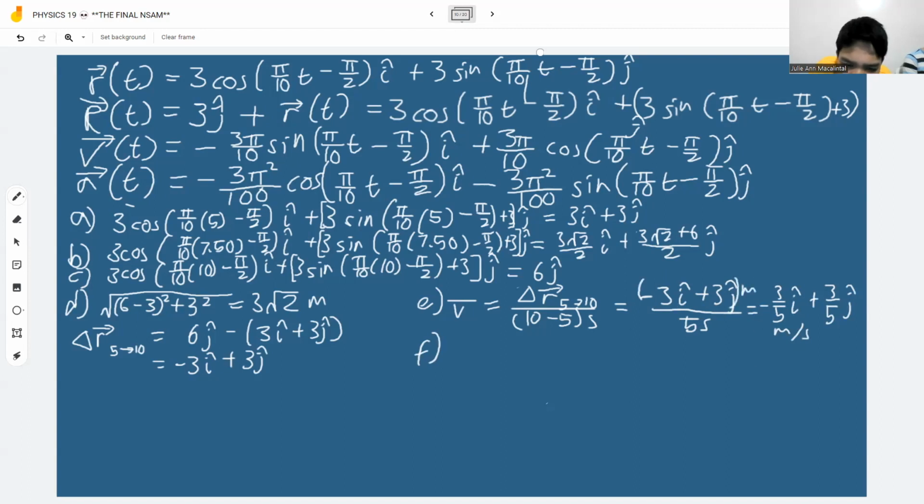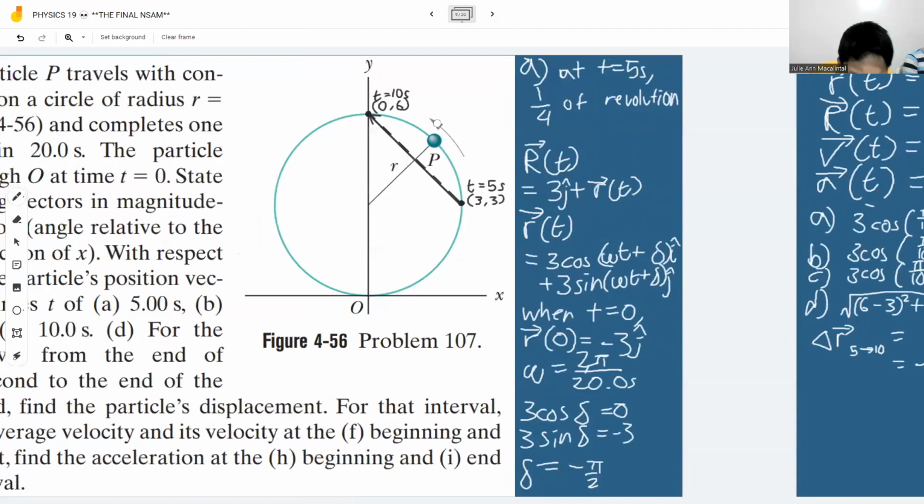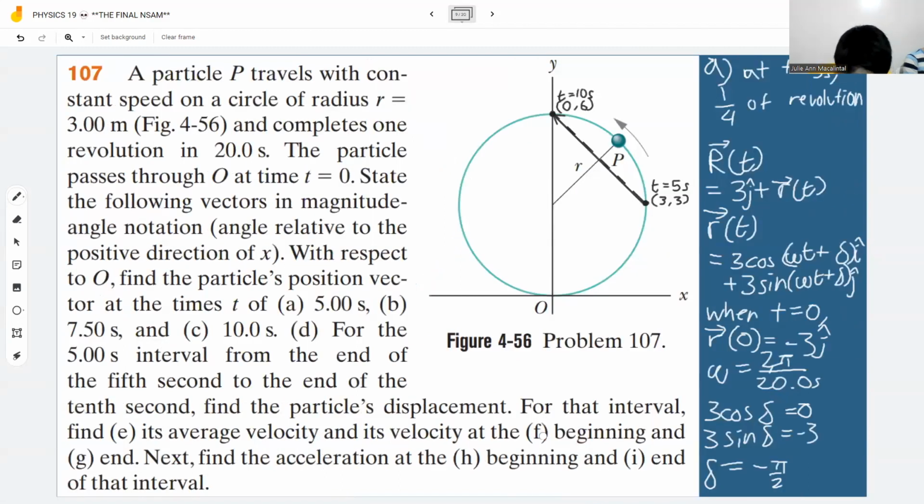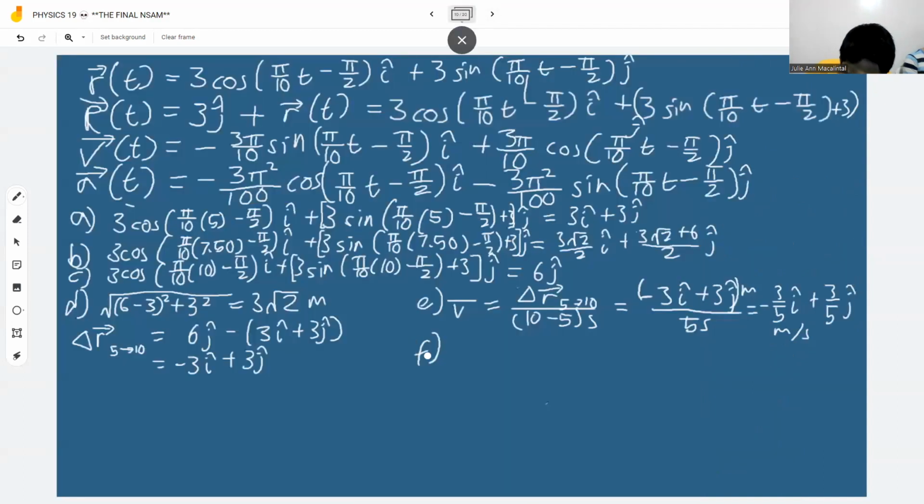Okay. Now for letter F, ang hinahanap dito ay velocity at the beginning, for t equals 5, and velocity at t equals 10. Find its average velocity and its velocity at the beginning and end.